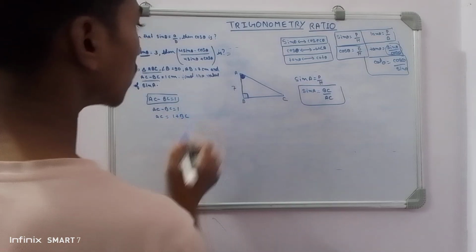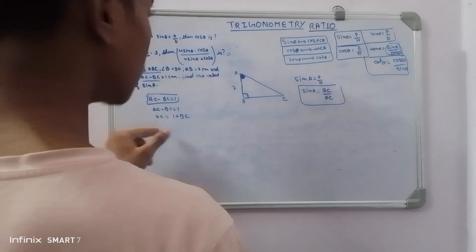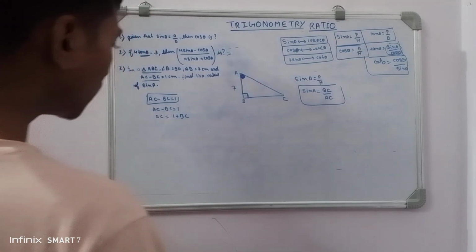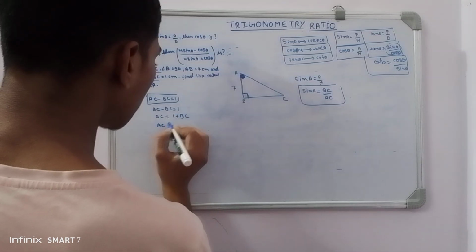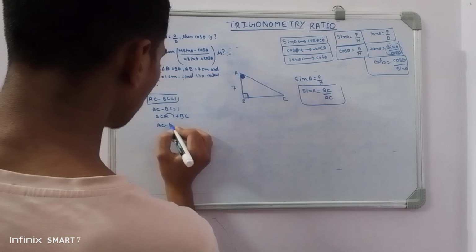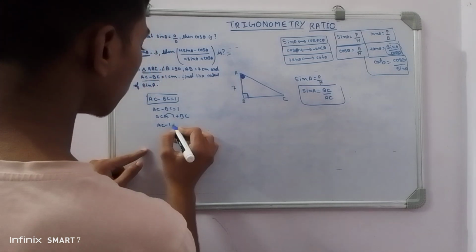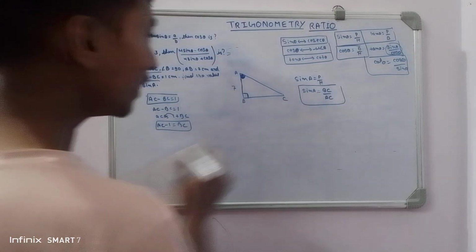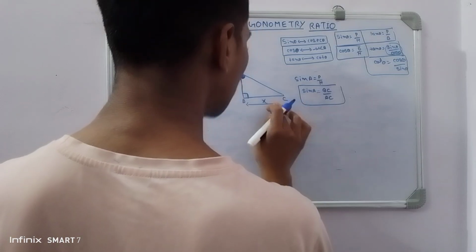If you bring this to the other side, AC minus 1 is equal to BC. And let's suppose this BC length is X.